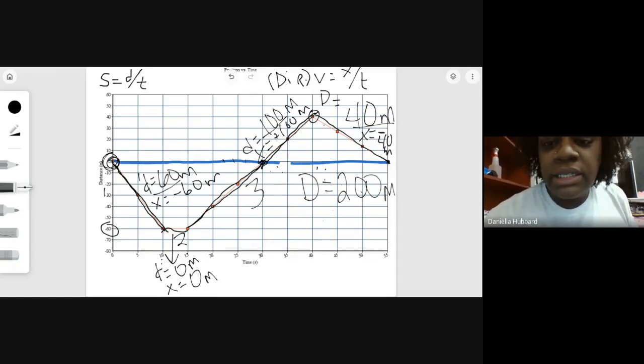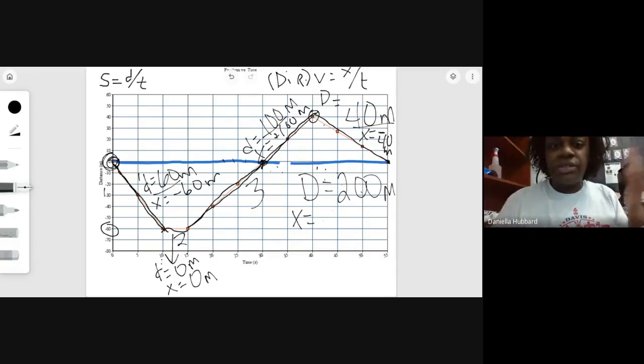Okay? Displacement. You look at where you started and where you ended. So you look at the distance between where you end minus where you start. Two ways we can do that. First way, we can just look at the graph. Where did we end? 0.